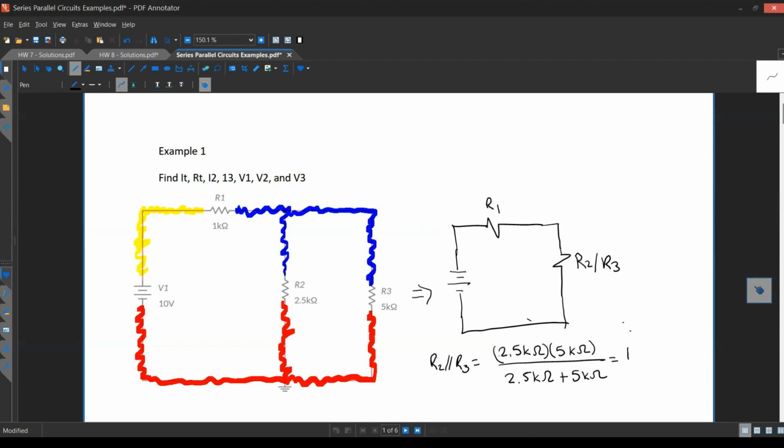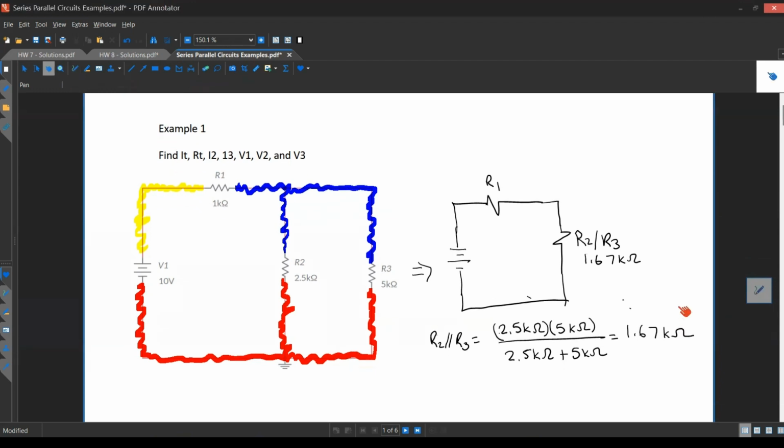So I get 1.66, well, 1.67 kilo ohms. And so this is 1.67 kilo ohms.